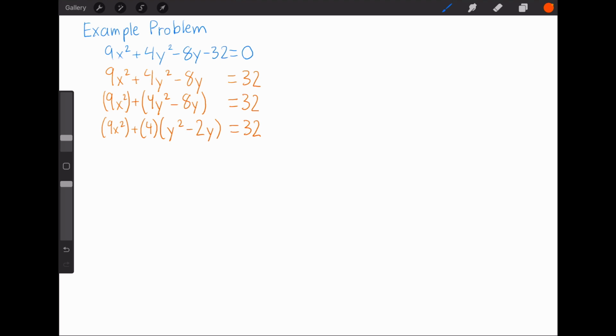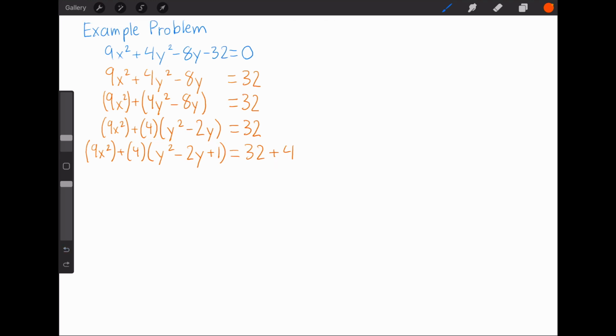To do this, I'm going to transform the equation into 9x squared plus 4 times (y squared minus 2y plus 1) equals 32 plus 4. Please note, although we may have added 1 here, due to the distributive property, we really added 4, hence plus 4 on this side of the equation to ensure the equation stays the same.